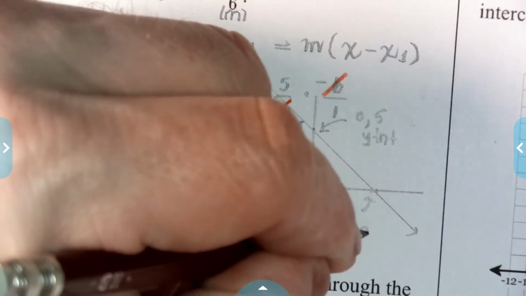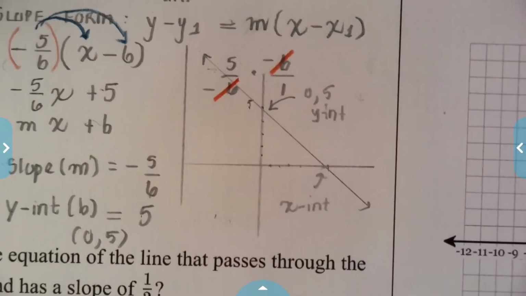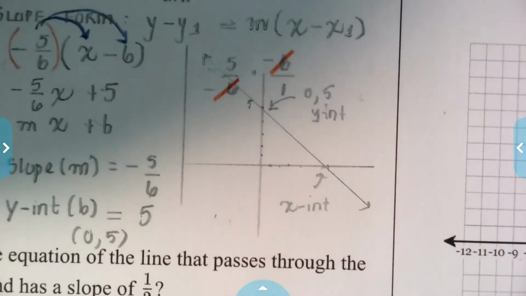Interestingly enough, we get the y-intercept at 0, 5. And because of the way the problem worked out, so this is the y-intercept, for free, we get the x-intercept, which you usually have to solve for. And the x-intercept, which is actually the solution to the problem, or the root of the problem, is 0, 6.